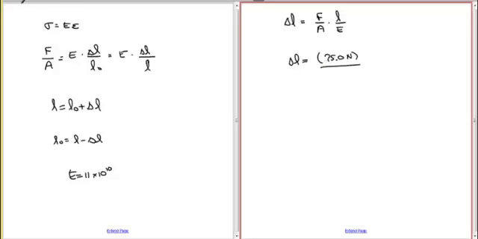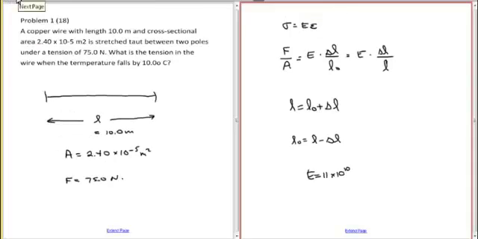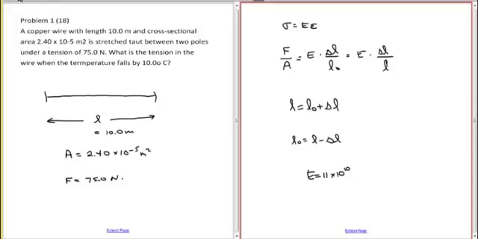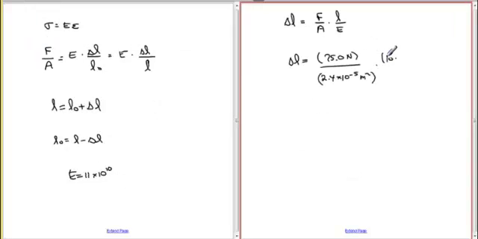I divide by the area, which is 2.4 times 10 to the minus fifth meters squared. I multiply by the length, which was 10 meters. And I would divide by 11 times 10 to the 10th.